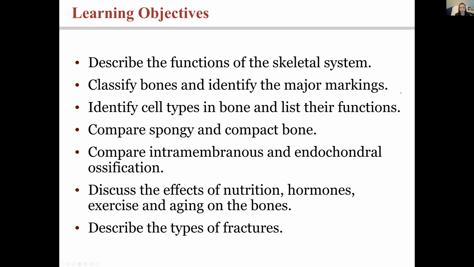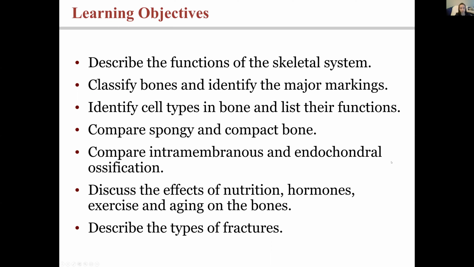We're going to identify specialized cell types, the difference between spongy and compact bone in terms of microscopic structure, and the different types of ossification. There's intramembranous and endochondral ossification. We're going to see what the difference between those two are.